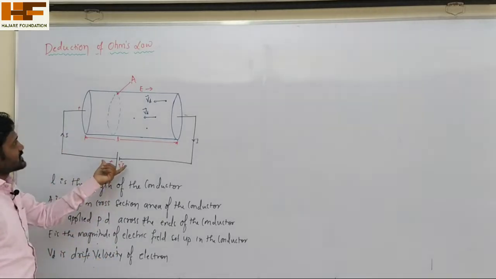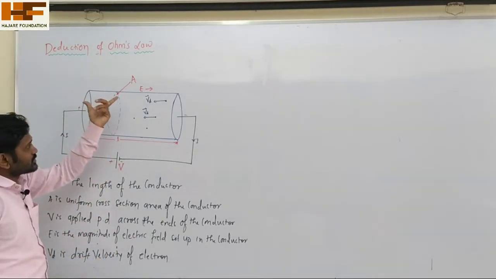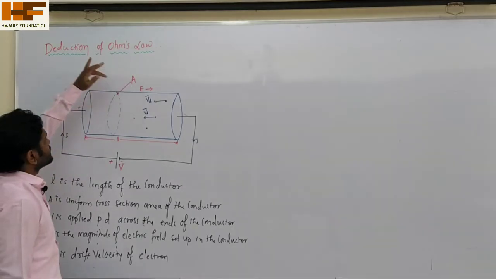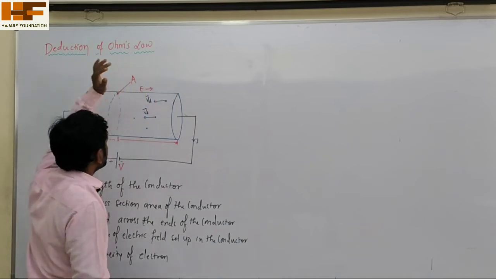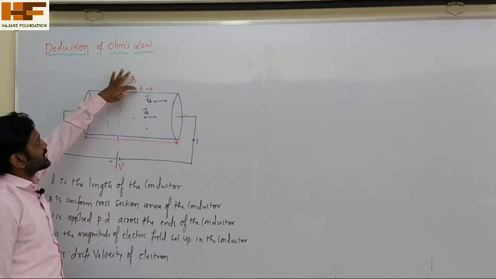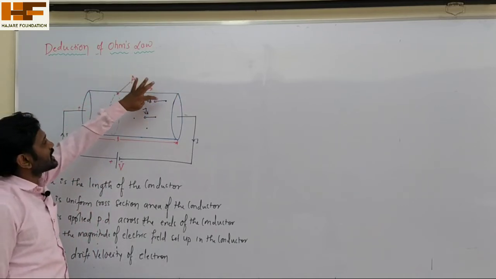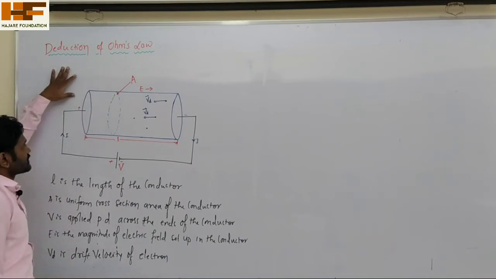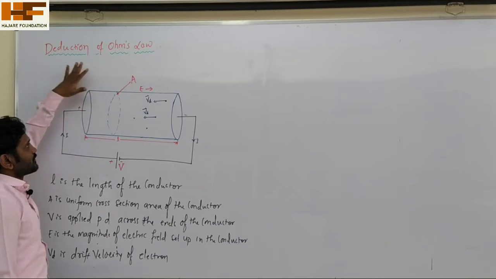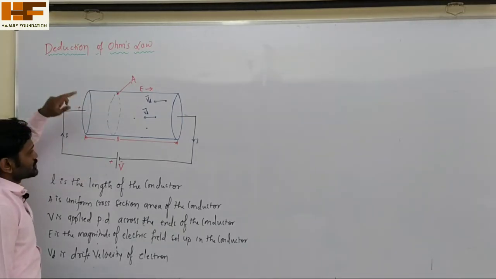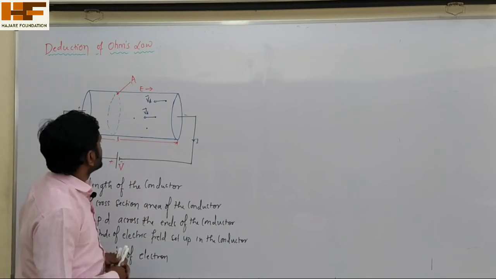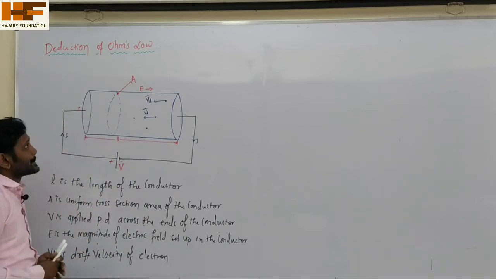When a potential difference is applied across the ends of the conductor, an electric field is set up in the conductor in the direction from the positive to the negative end. When the electric field is set up, the electrons drift towards the positive end of the conductor. This flow of electrons constitutes the current I in the direction from the positive end to the negative end of the conductor.